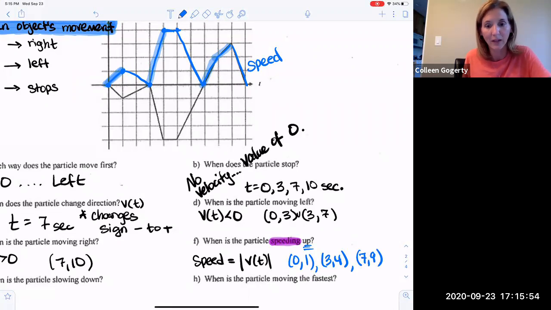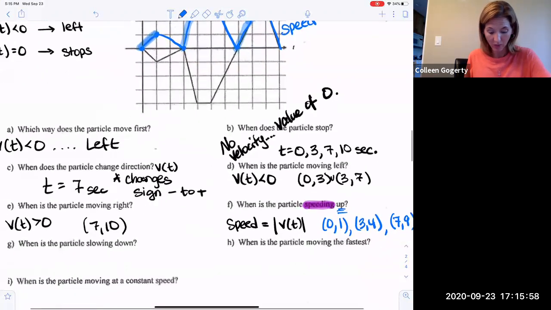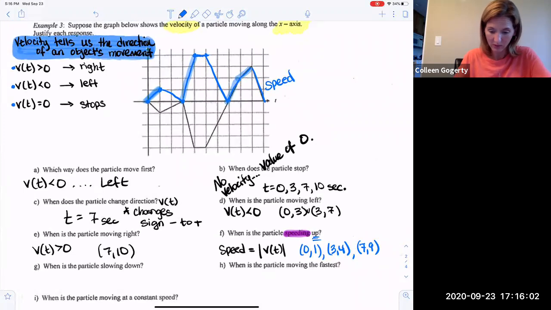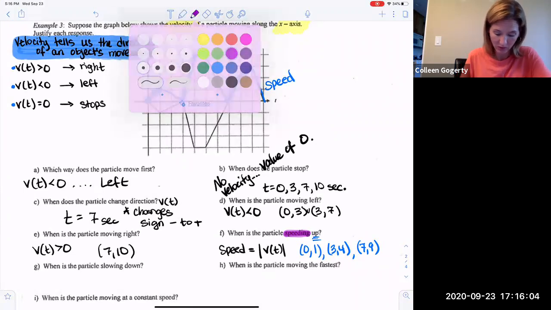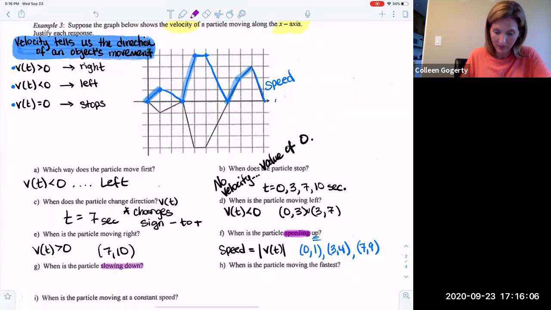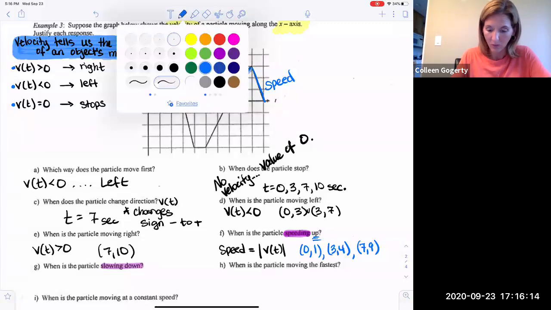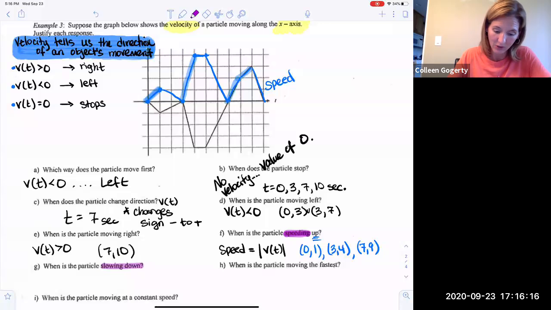There we go. Now that's going to help me answer the next question too, of when is the particle slowing down? Well, if it's slowing down, then that means my speed is decreasing. Speed is decreasing in all of those.